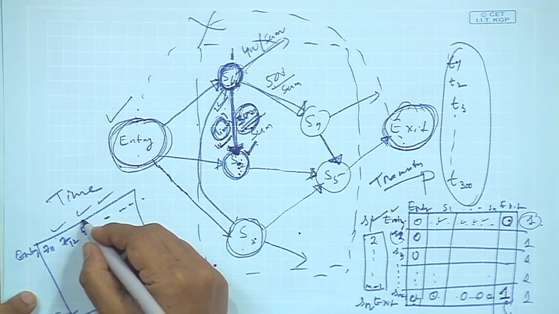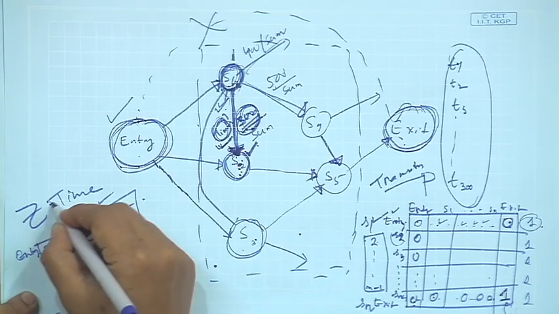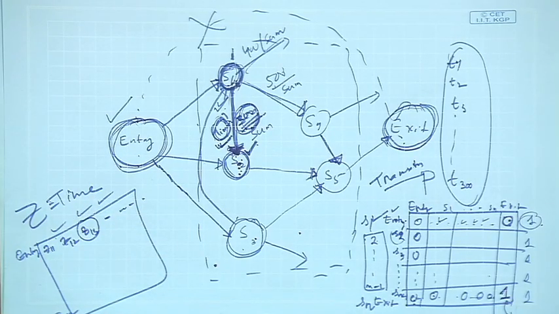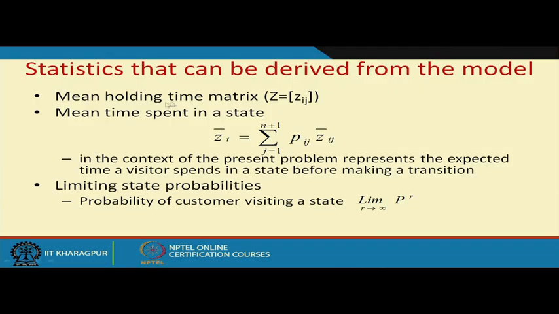So, these are these small z values and this is your matrix capital Z. So, your mean holding time matrix is this one. Mean time, the average time spent in a state, how much time is spent on a specific state, on a specific page, can now be computed from this model.